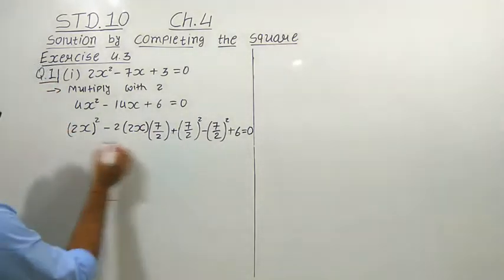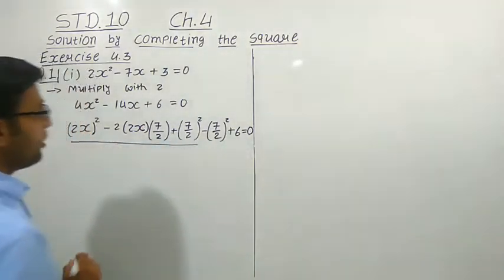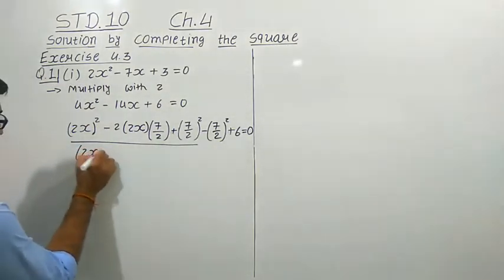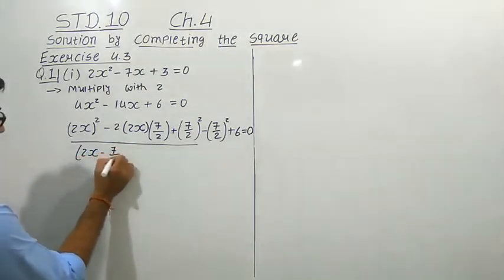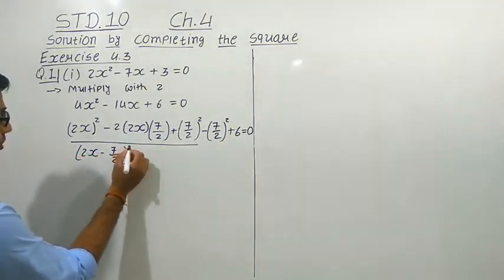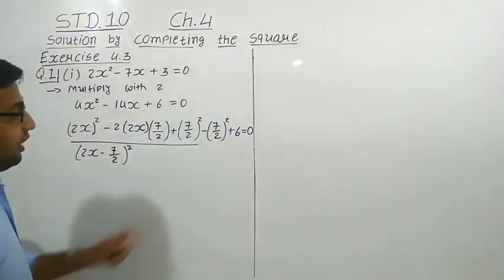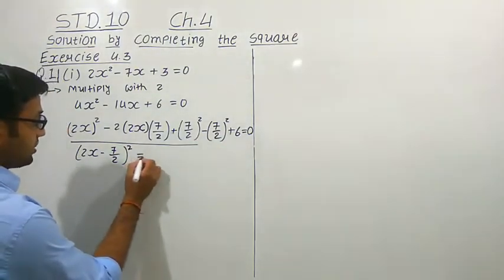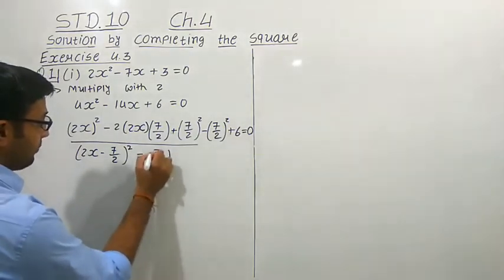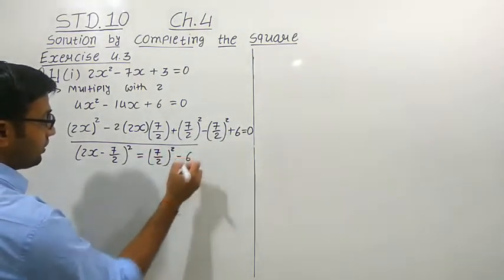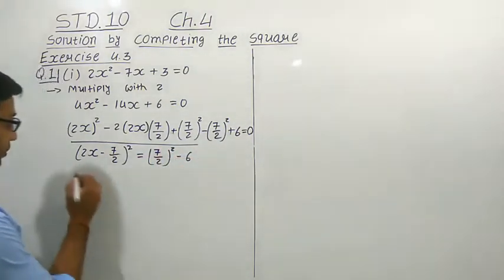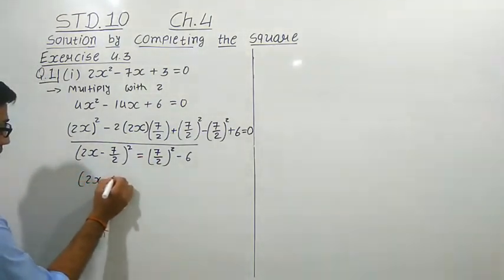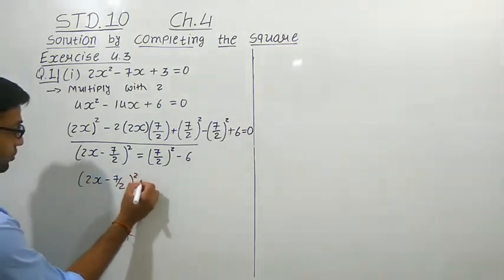Now these three terms are making a perfect square. So we can write it as 2x minus 7 upon 2 whole square. Now what about these two terms? We have to take these two terms to the right hand side. So this 7 by 2 whole square will become positive, and this 6 will become negative. Keep 2x minus 7 upon 2 whole square as it is.